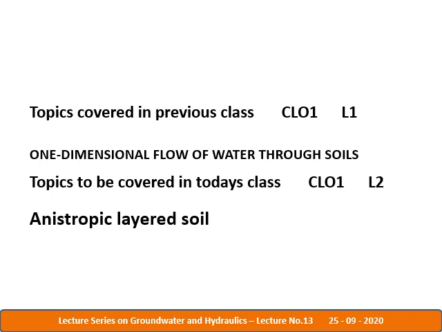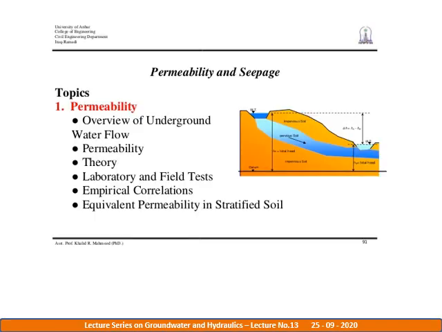So let's see what all things are there in today's class. To understand isotropy and anisotropy, we are supposed to understand permeability. So I have taken permeability and seepage as examples for today's class. Today's topics are overview of underground water flow, permeability theory, laboratory and field tests.